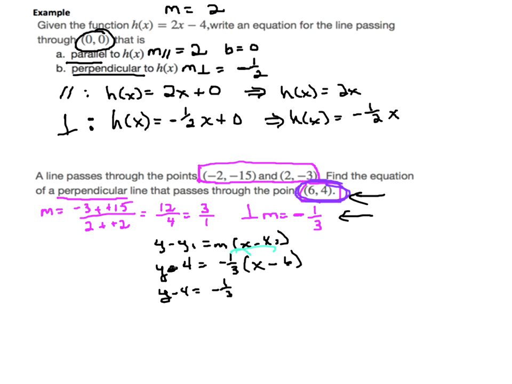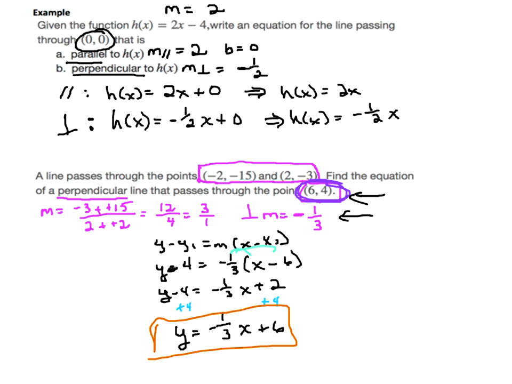So far, I have y minus 4 equals negative 1/3 x. Negative times a negative is a positive, and 1/3 of 6 is 2. So positive 2. And then add 4 to both sides. And I end up with the equation of my line going through the point 6,4 perpendicular to the line given by the other 2 points is y equals negative 1/3 x plus 6. That's all I got for you.